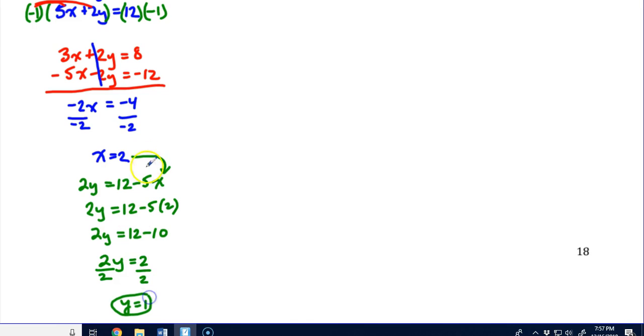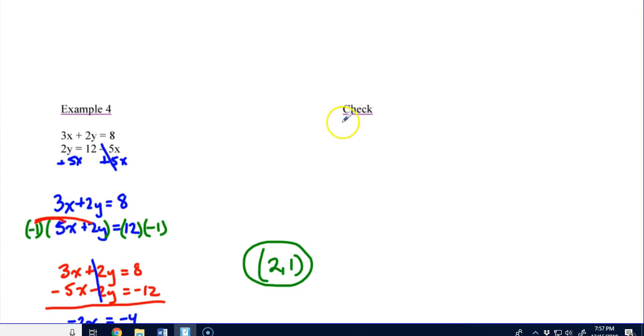Okay, so I've solved for y, and I solved for x. I think I have my solutions. I just need to verify that it all checks out, right? Let's go over and do our checks. Play the recording when you've completed your checks.